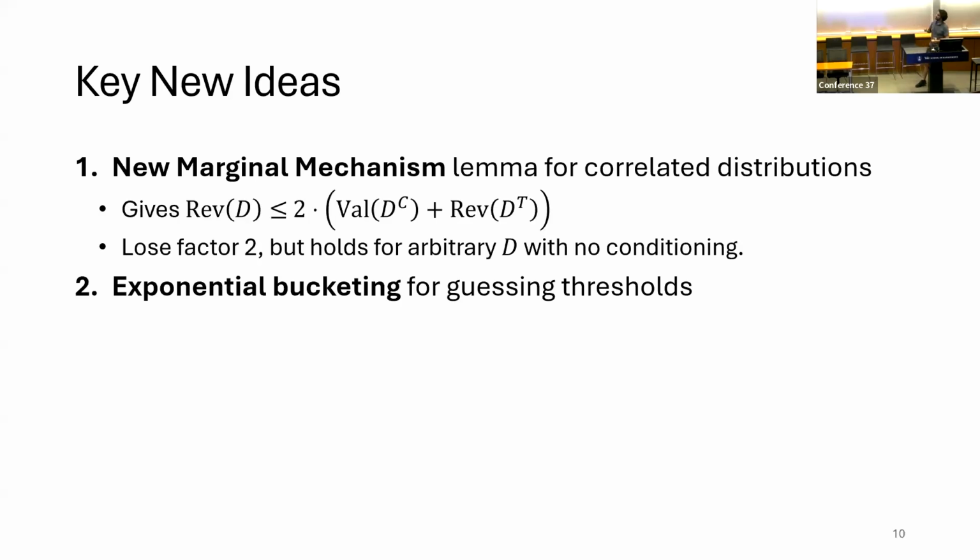For the new marginal mechanism lemma, we can get something similar to the marginal mechanism lemma for independent items, but just losing a factor of 2.